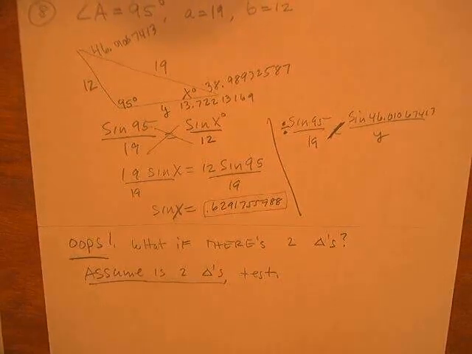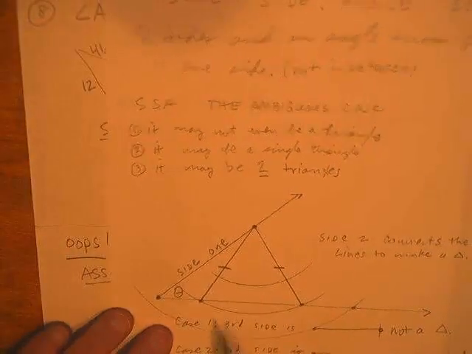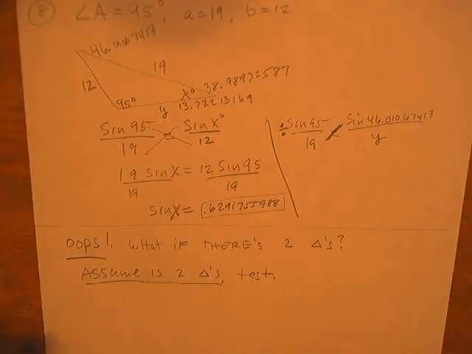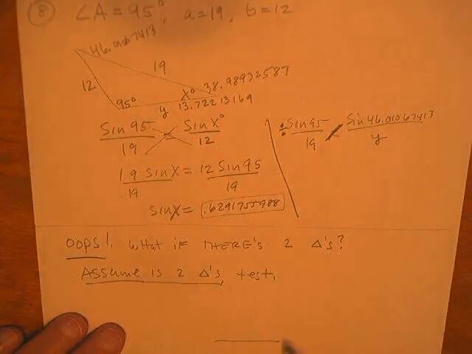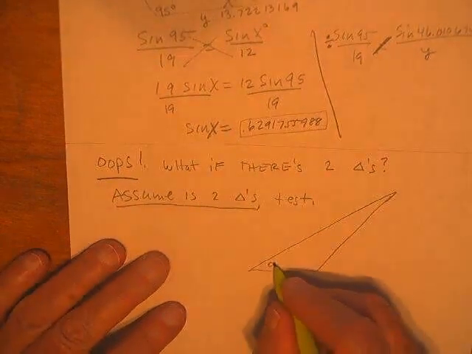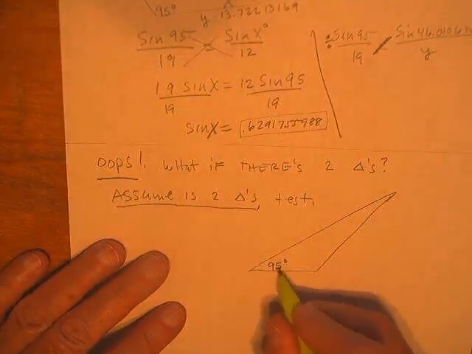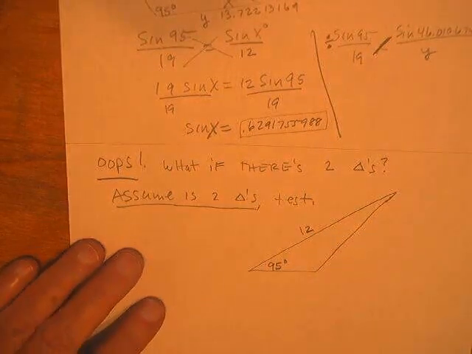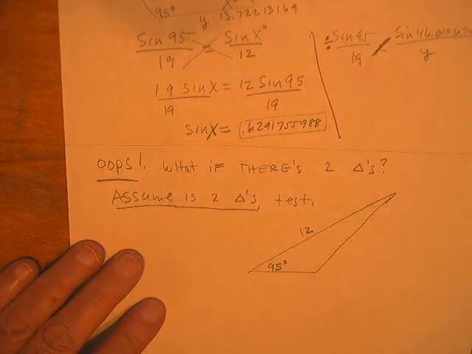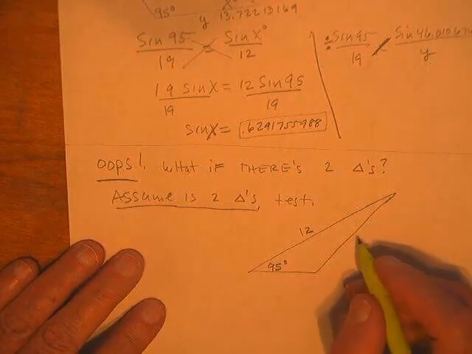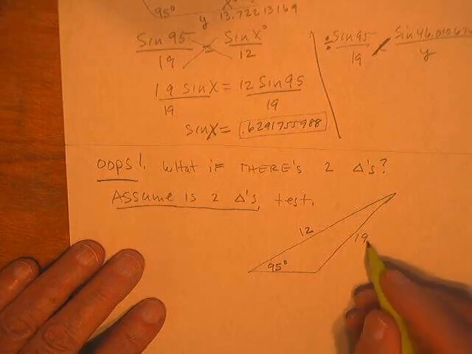Well, from right here we know if there's 2 triangles, the other one is obtuse. So always we're just going to draw an obtuse triangle just like that. And we're going to have 95 here, which isn't to scale, but don't worry about that. I'm going to have 12 here, and I'm going to have 19 here, because that's what they gave me.